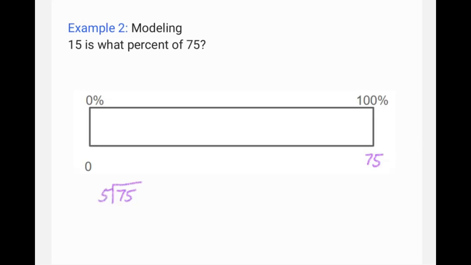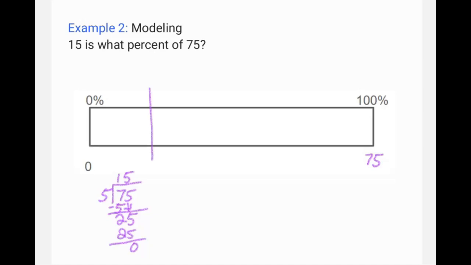So 5 goes into 7 one time and gives me a 2. So 5 goes into 25 5 times. So that gives us 25. So that means if I divide this box up evenly into 5 parts, each of the parts will be 15. So let's go ahead and try that out.